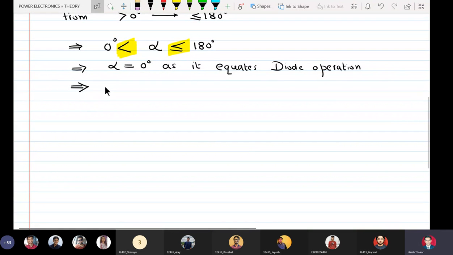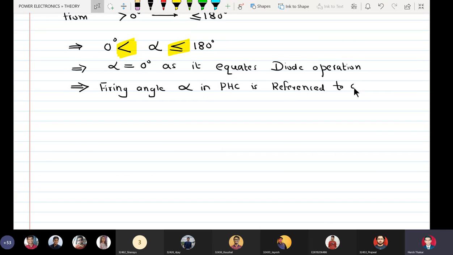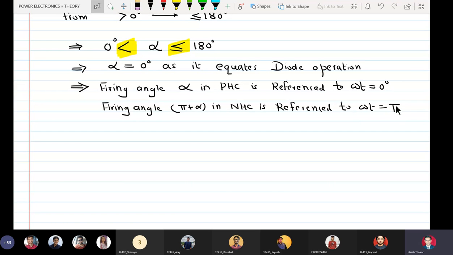So another important thing is that the firing angle alpha in positive half cycle is referenced to omega t equal to 0 degrees, and the firing angle pi plus alpha in negative half cycle is referenced to omega t equal to pi radians.